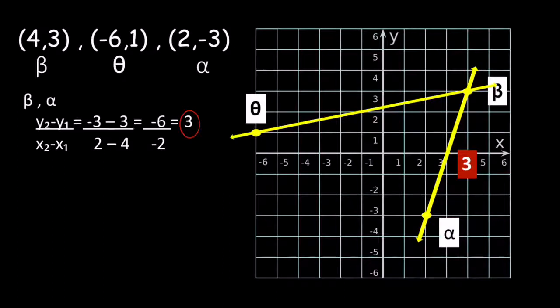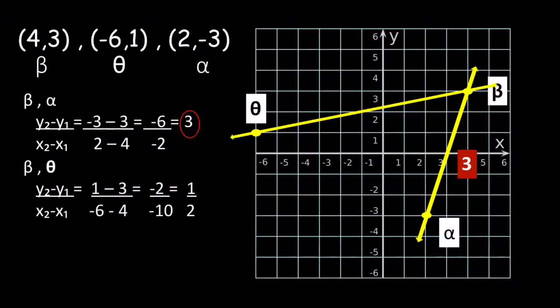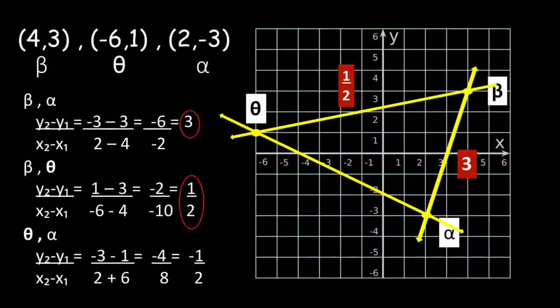Next, let's get the slope of theta and beta. Same procedure, let's just substitute it and we would get 1/2. Lastly, theta and alpha. We would get negative 1/2.